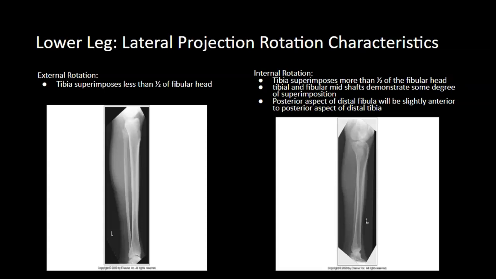In internal rotation, the midshaft, the entire fibula becomes superimposed by the tibia. So, like I said, just look at that relationship between that tibia and fibula to determine whether the leg is in external or internal rotation.